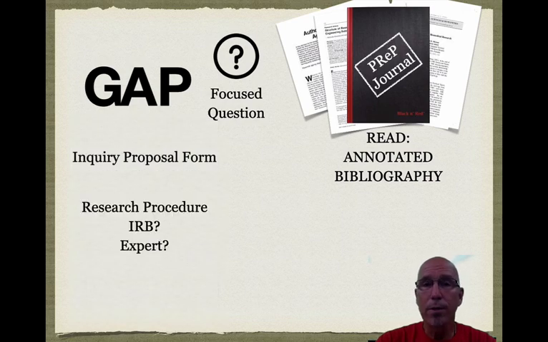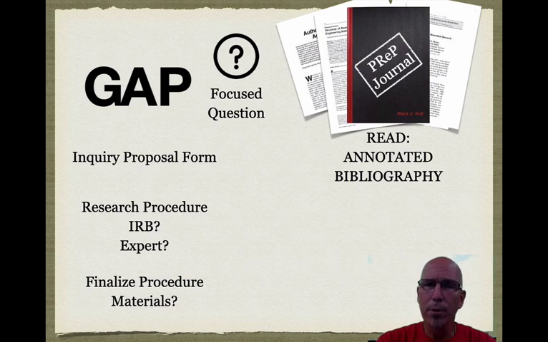One of the things that we'll talk about is the procedure, but then also the IRB, Institutional Review Board. If we're doing work with animals, if we're doing work with people, then we need to have some conversations and make sure everything is safe and above board. And then eventually in that inquiry proposal form, we're going to have to come up with the materials and a method. That could be something you create from scratch, or a materials and methods list you borrow from someone else that you've read about over the course of the summer, right?